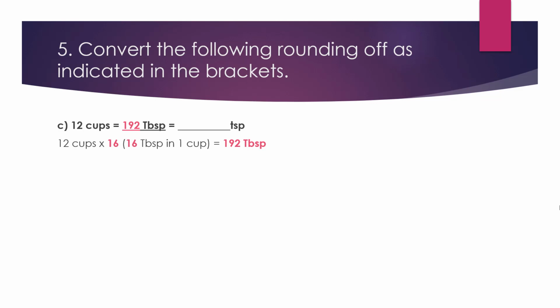And if you can do that, you'll realize that I need 3 teaspoons to make 1 tablespoon. So I'm going to take the amount of tablespoons that I have, 192, and multiply that by 3, again, the amount of teaspoons in a tablespoon, and I realize that 192 tablespoons equals 576 teaspoons. So 12 cups equals 192 tablespoons, and 12 cups also equals 576 teaspoons.